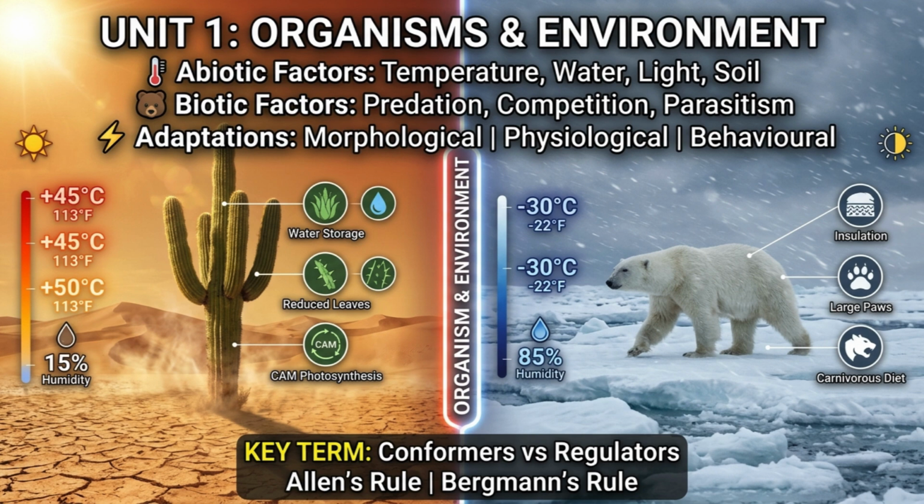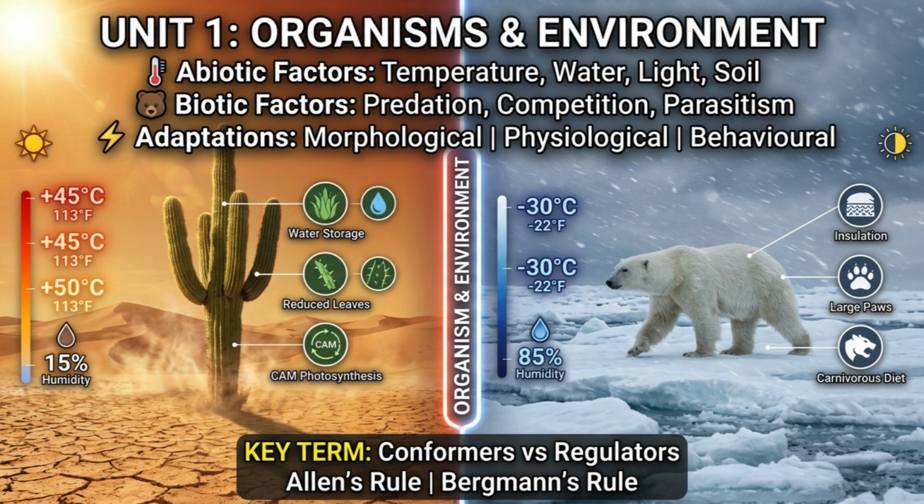Now, organisms respond to environmental challenges in two ways. Conformers simply change their internal body conditions to match the outside. Most invertebrates and plants do this. Regulators, like birds and mammals, maintain a constant internal environment through thermoregulation, osmoregulation. It costs energy, but gives them independence.